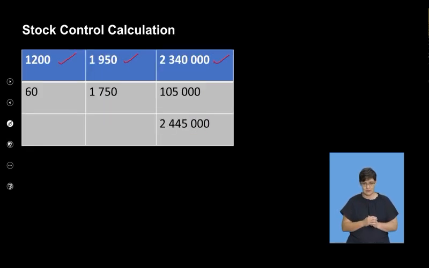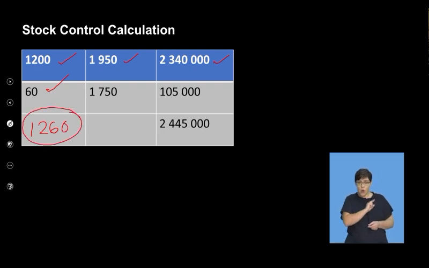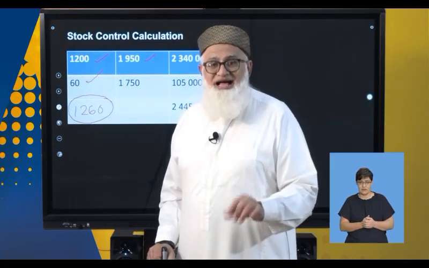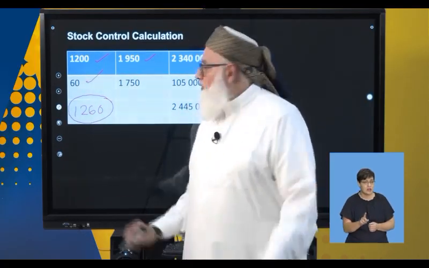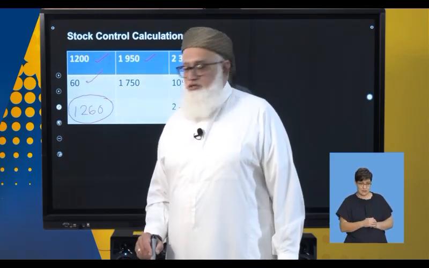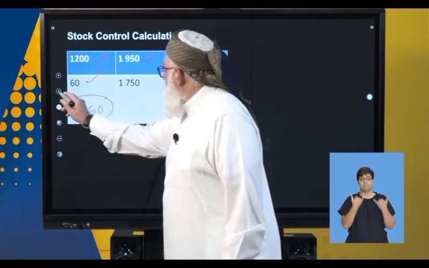Therefore, you can clearly see my second part of the calculation, I'm accounting for the 60 units. Why? I need a total of 1,260 because that's the number of units I've got left over at the end of my financial year. Right? And what do I want? I want the value of the 1,260 units. Got it, guys? Good. So now I work with the 60 units.